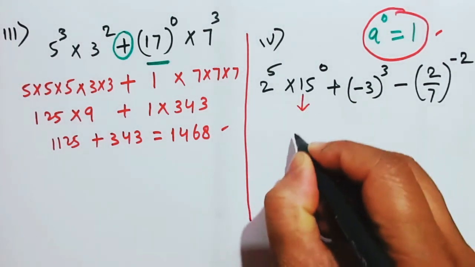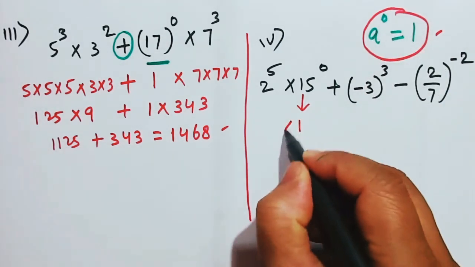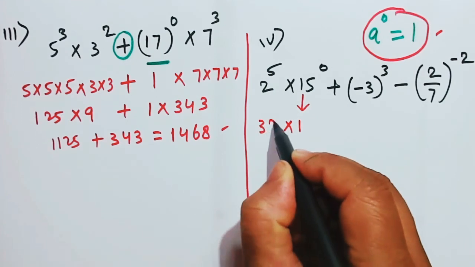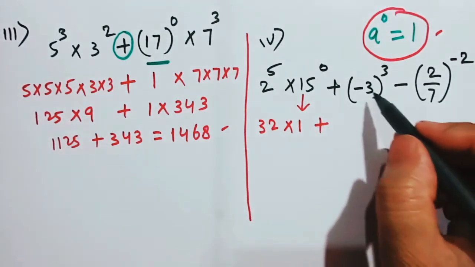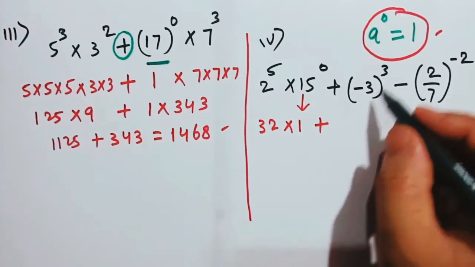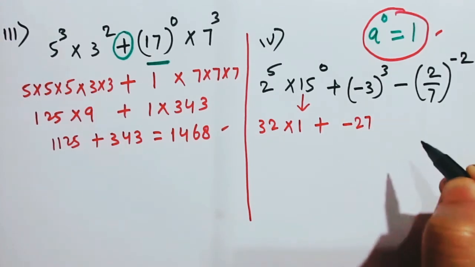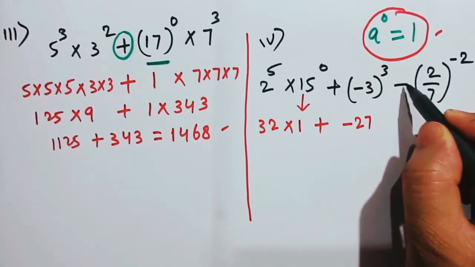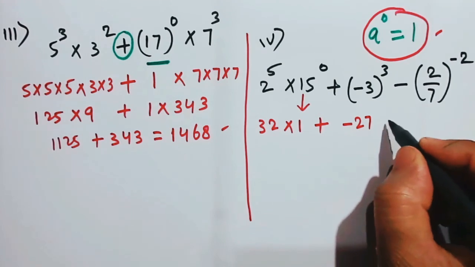This will be 1 because a to the power 0 is equal to 1, multiplied by 2 to the power 5, which is 32. This is my plus. Minus 3 to the power 3 will be equal to minus 27. And then this is my minus 2 by 7 to the power minus 2.